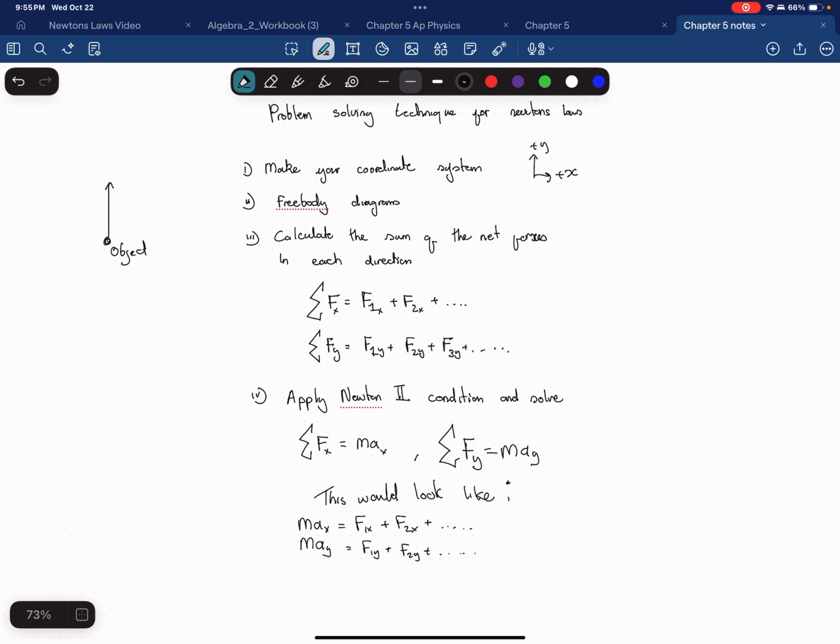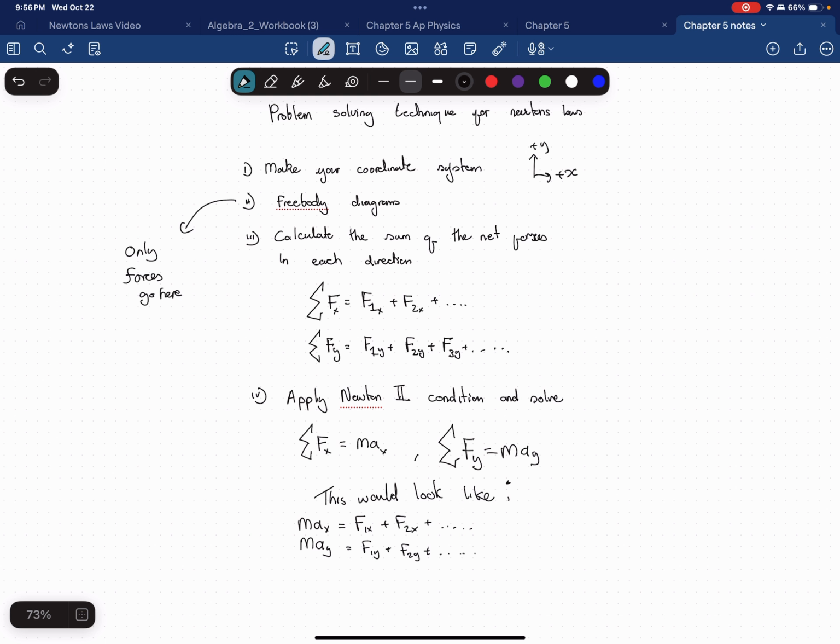So if it's being launched somewhere at an acceleration, this will be my free body diagram. Only forces go here. Velocity is not a force. I don't want to see velocity on your free body diagrams. Velocity is not a force.